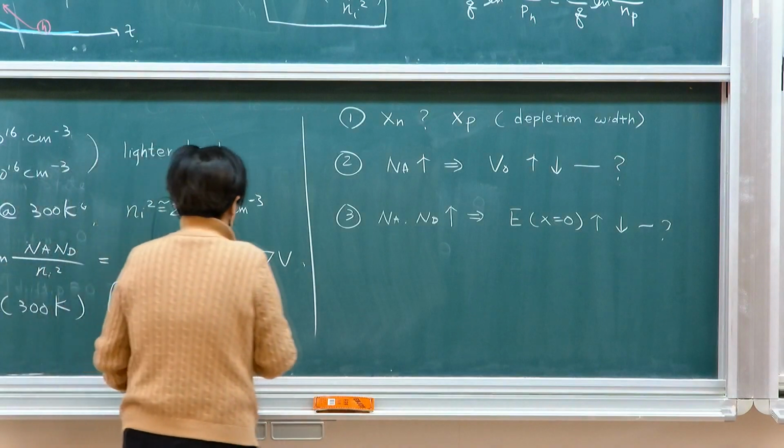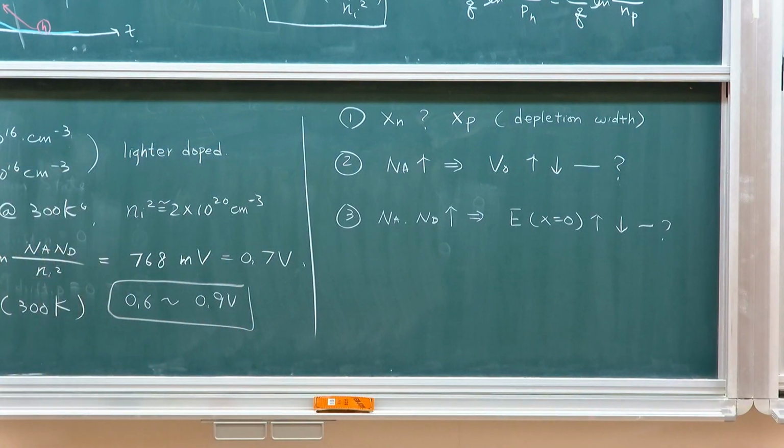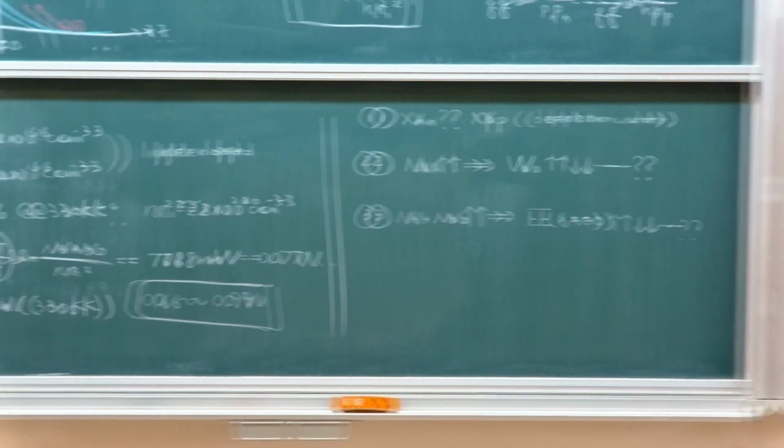Okay, so we basically covered what happens at zero bias. You can think about a PN junction in three conditions.